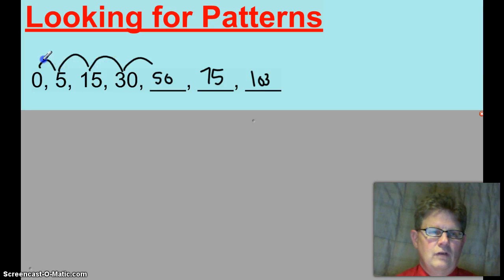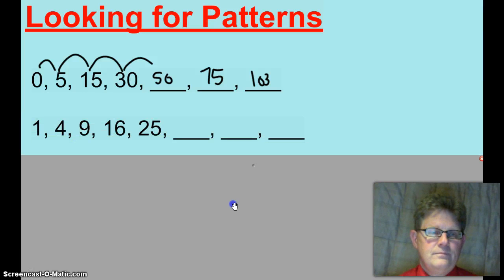And those increases are consecutive multiples of 5. That's actually what's going on there, consecutive multiples of 5. Let you think on that one for a minute. Sorry, that's all the time you get.